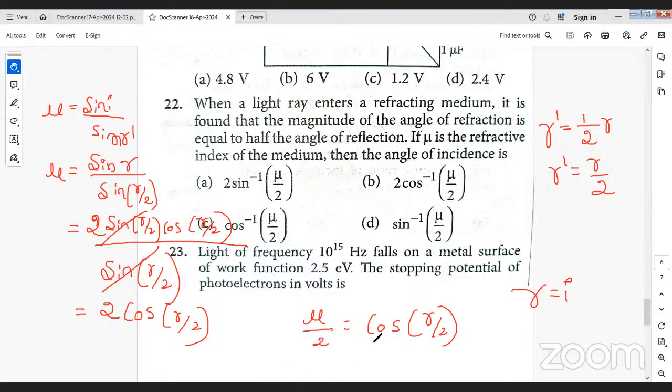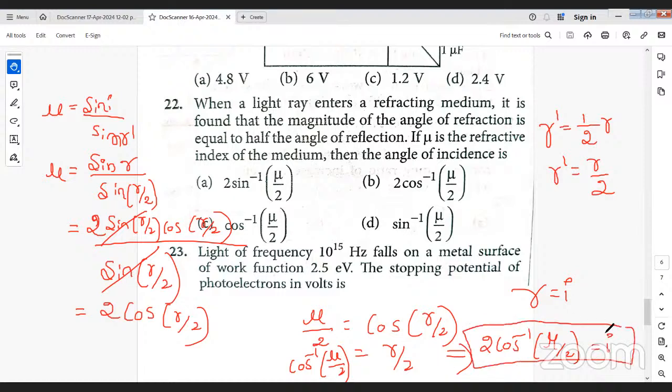So if I do it like that, this is here R by 2. It becomes cos inverse of mu by 2. Okay. So this 2, if I take it on that side, it becomes option B, that is 2 cos inverse of mu divided by 2. So I is equal to R, therefore this is the angle of incidence.